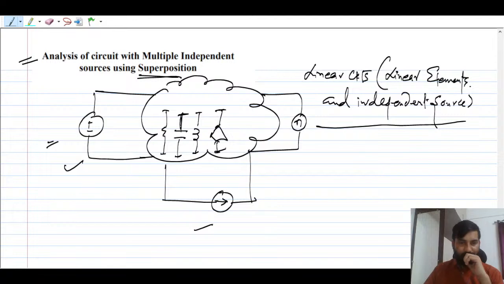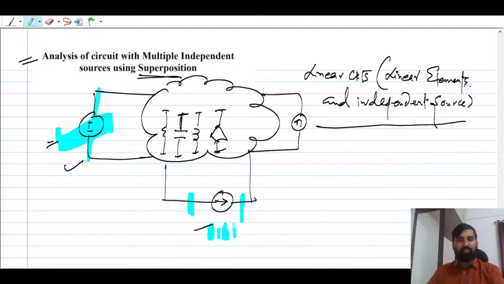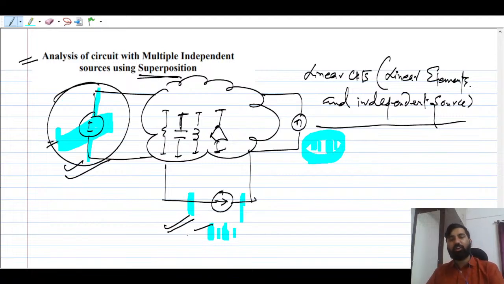So what you can do here is, if there is an independent voltage source or independent current source, you try to solve that. Suppose you want to solve this network, and suppose this guy is active. You can open the others, O.C., and you can find the response because of this voltage source. Then you deactivate this voltage source and find the response because of this current source. So voltage sources are short circuited, remember, and current sources are open circuited.